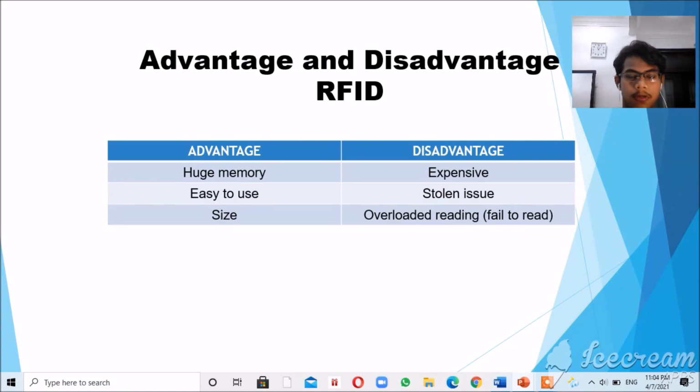So let's continue with the advantages and disadvantages of RFID. For the advantages, RFID is a huge memory device, which can store memory of up to 16 to 64 KB, while a barcode can only store 1 to 100 bytes. It is also an easy to use device because it just takes a few seconds to tag the RFID key in proximity and read the data from the related device in order to use it.